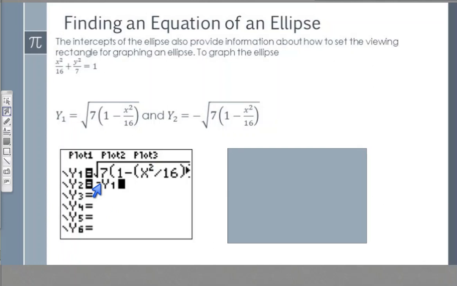Let me minimize all this stuff and get to my calculator so I can tell you the correct way. I'm pretty sure you go to Y vars. Yeah, you go to Y vars on your calculator. Let me put this up here.